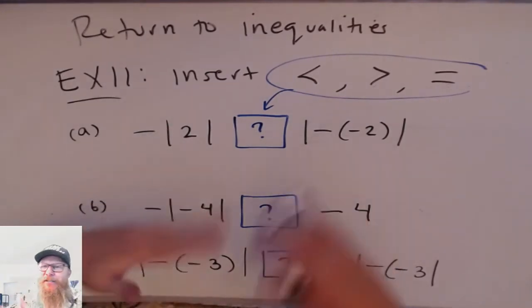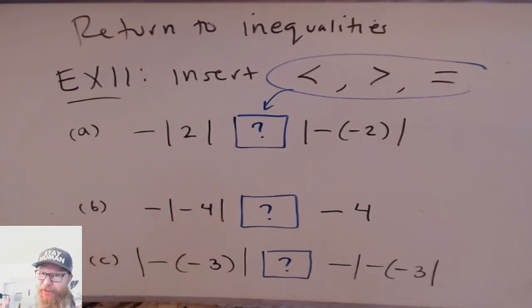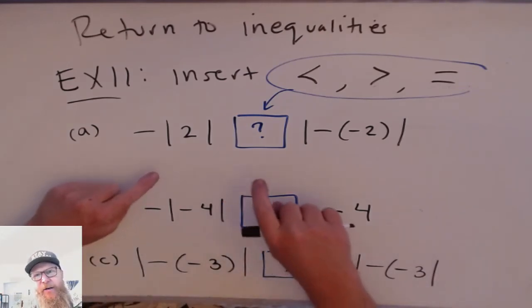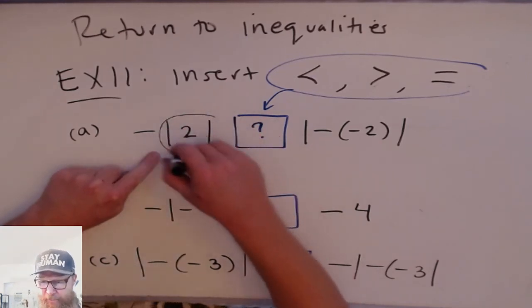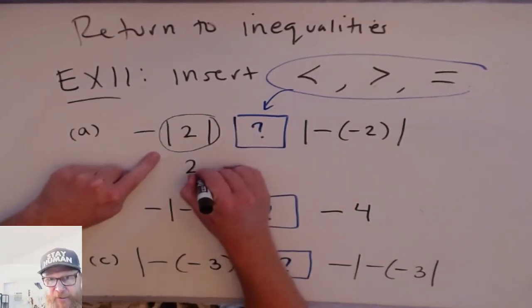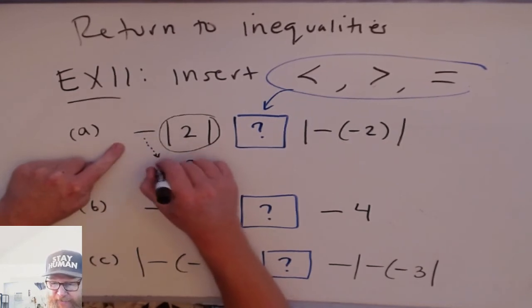All right, now most of these you can do with mental math, but just to make sure that you put the symbol in the right way, let's go ahead and do the math and then evaluate what it is. So we have the absolute value of 2. That's 2, and then bring down the negative sign.